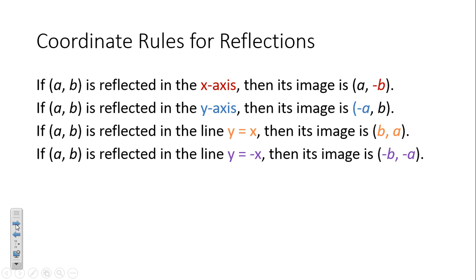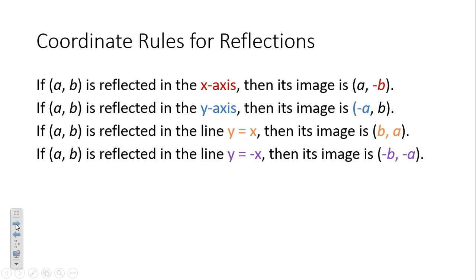Coordinate rules of reflection say that if A, B is reflected in the x-axis, then its image is A, negative B. If the point A, B is reflected across the y-axis, then its image is negative A, B. Change the sign of the x coordinate.